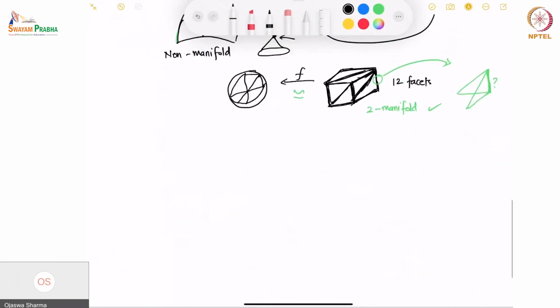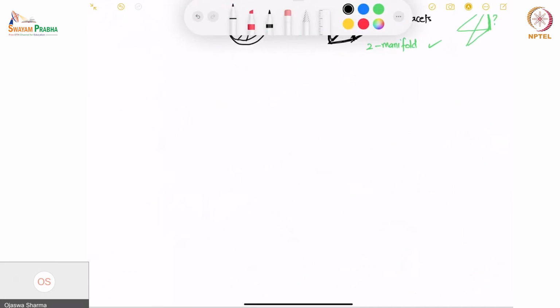All right. So, half edge data structure. Right. So you have one half edge, let's call it E, and another half edge, let's call it E opposite.